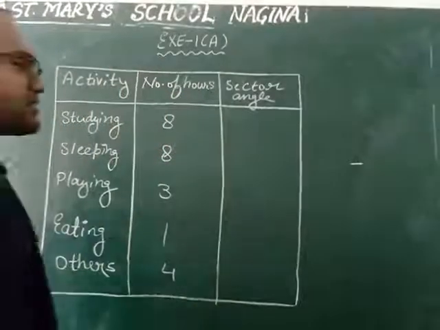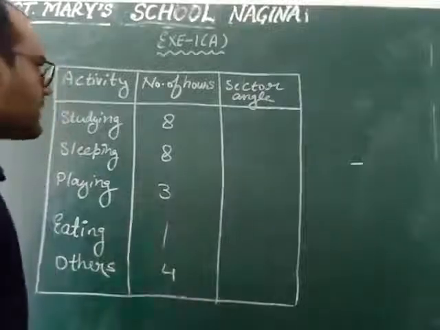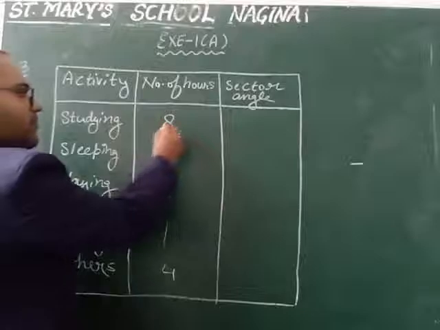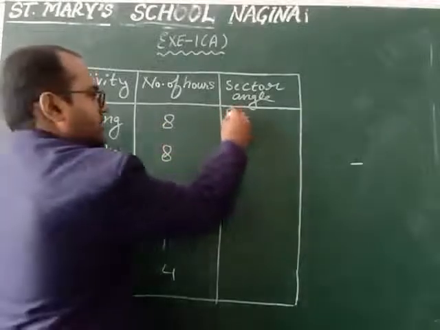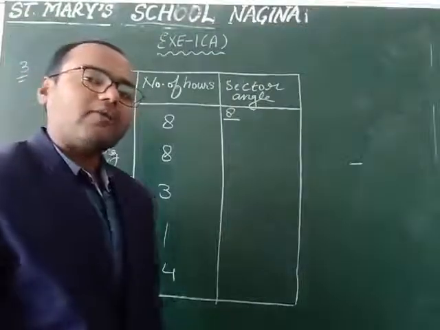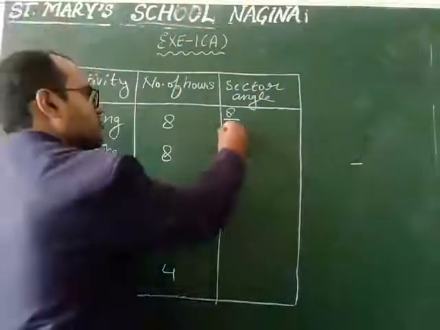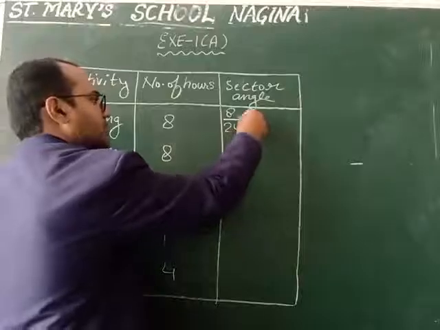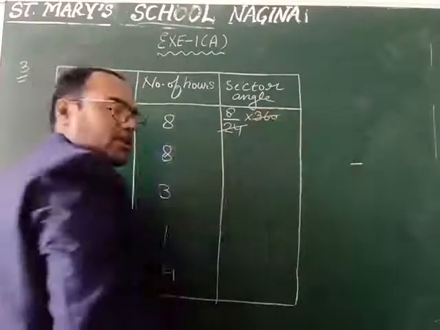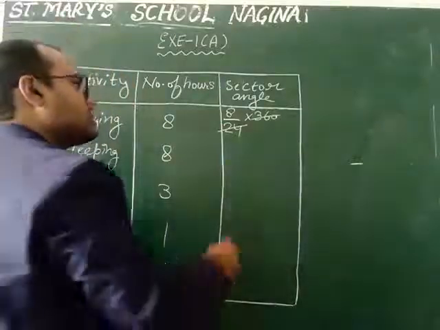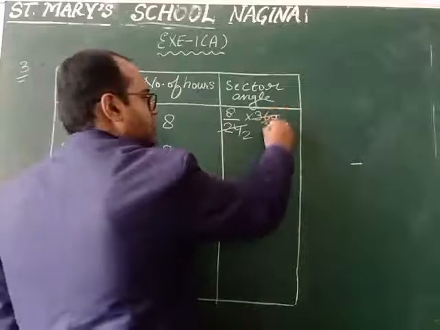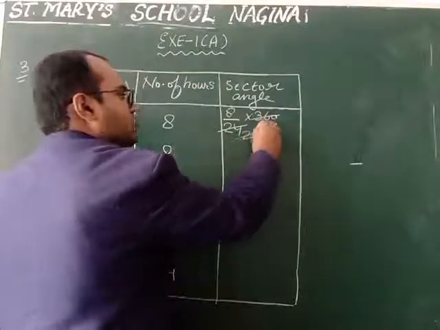So in order to find the sector angle, what do we have to do? Sector angle for studying we have to find. So the number of hours he is studying, that we have to write in the numerator, upon total number of hours in a day. How many hours in a day are there? 24. So 24 we have to write downside, multiply 360. Now these two numbers we will cancel with the table of 12. 12 threes are 36, 30. Again we will cancel, 2 fifteens.